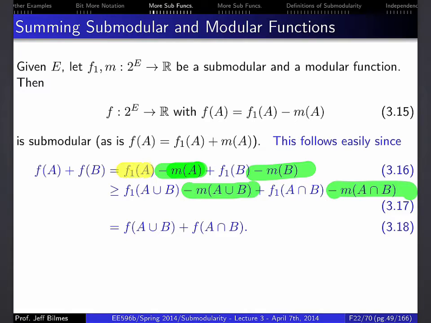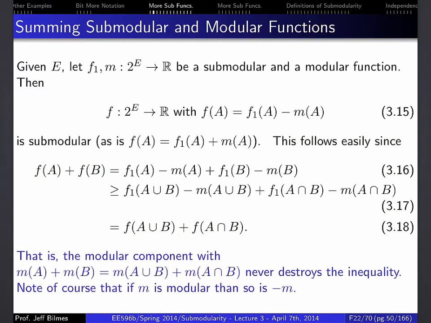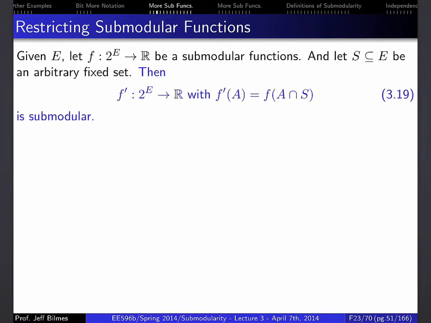Namely, this, this, and this, and this. So the modular component never destroys the inequality. And of course, the other thing to realize again is that if m is modular, then so is negative m. So we can flip m, and it stays modular. You can multiply m by any constant, positive or negative, and you've preserved modularity.